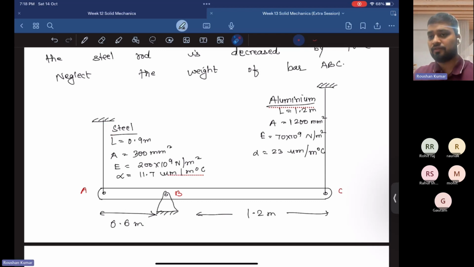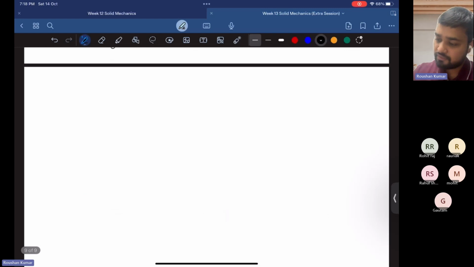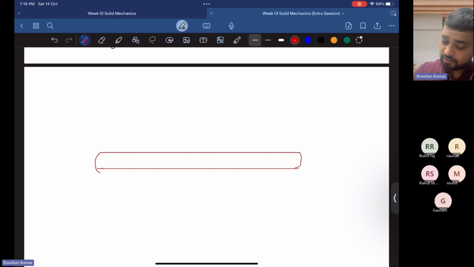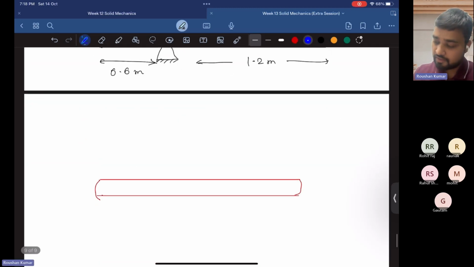Whenever we increase the temperature, the steel bar expands, but here the temperature is reduced, so there is a contraction in the steel bar. I'm drawing the figure so that you may understand better. This is our rigid bar. And there is some decrease in the length of the steel bar.